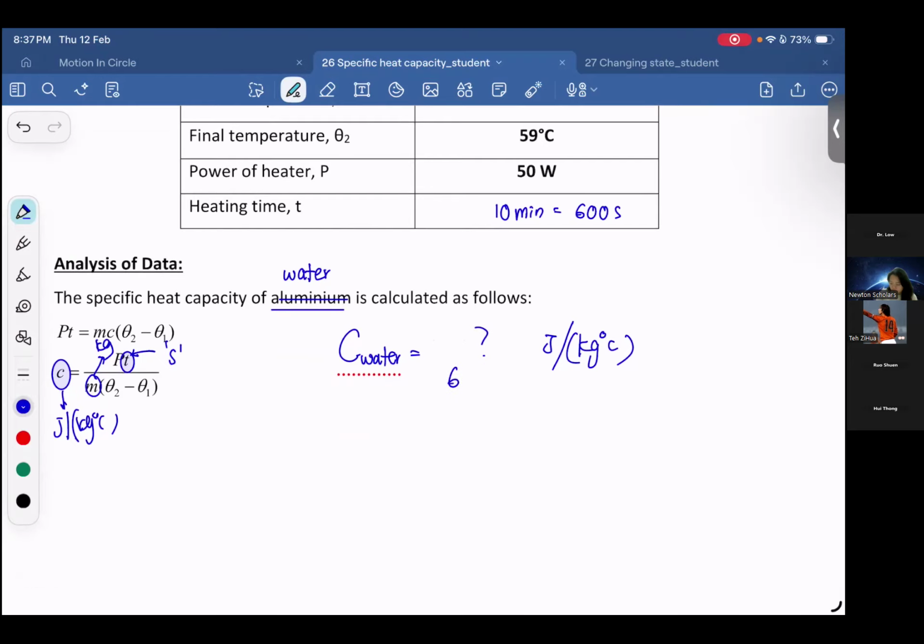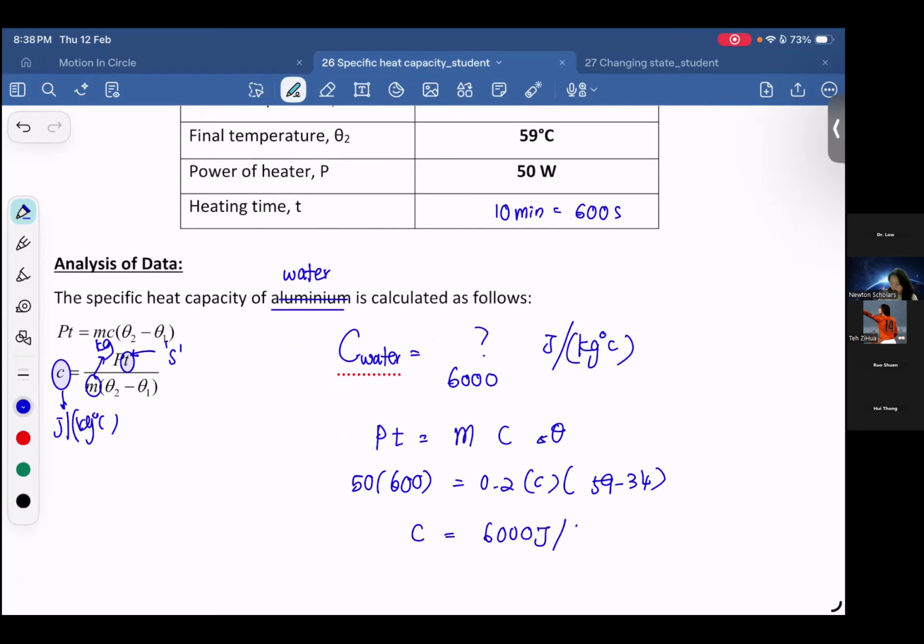The rest of you try to do the calculation and check whether you get this value. So Pt equals mc change in temperature. Power is 50 times 600, mass is 0.2, c is unknown, temperature increase is 59 minus 34. So c should be 6,000 joule per kg per degree Celsius.